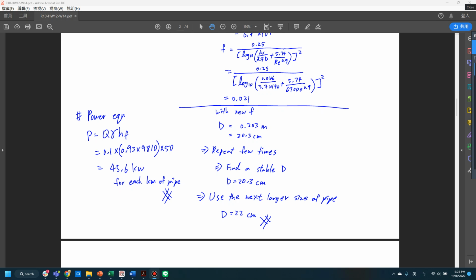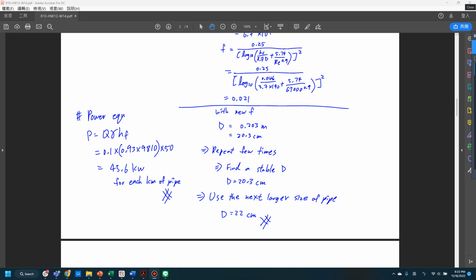After 2, 3, or 4 iterations, you will find a close enough factor f, the converged factor f. Then you can select the diameter that's solved in that iteration. And in this case, D will be equal to 22 centimeters.